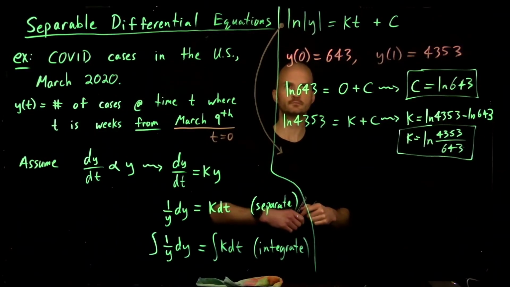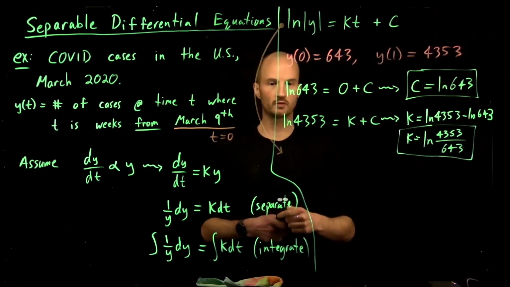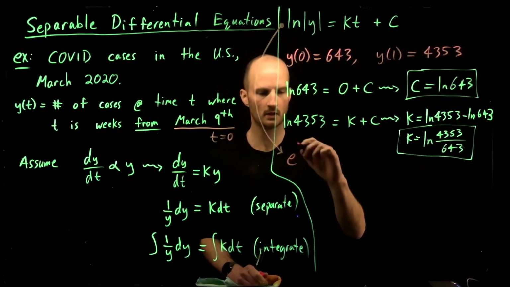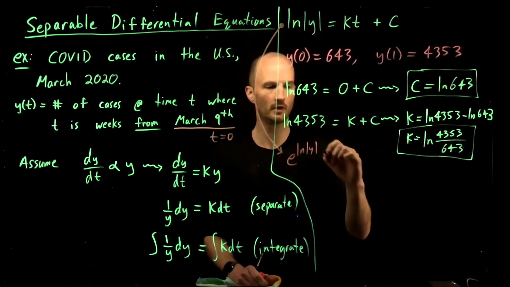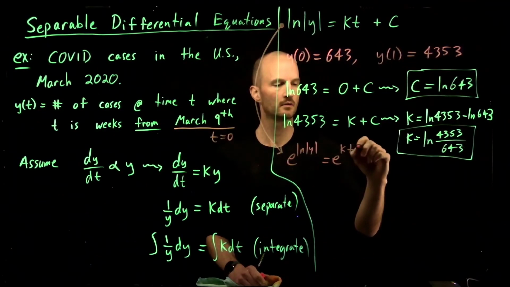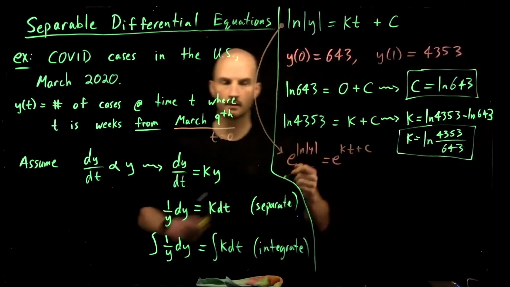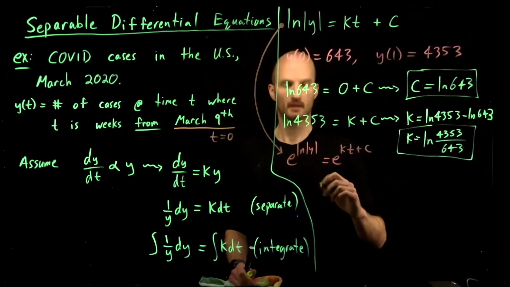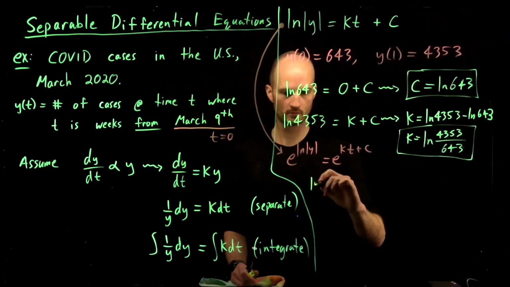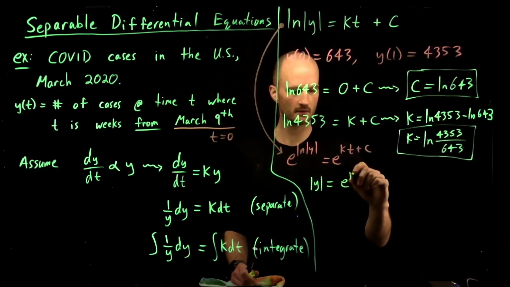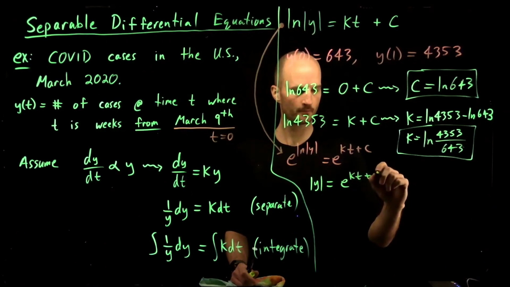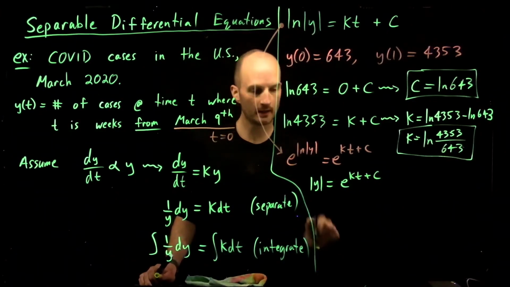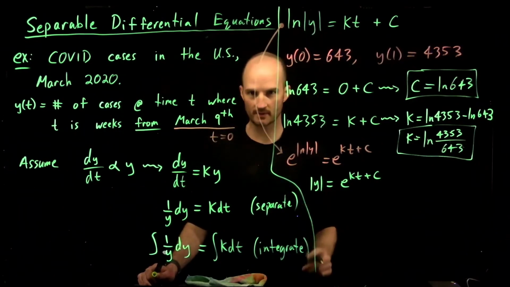So what I'm going to do is go e to the ln y is equal to e to the kt plus C. And then e and ln are inverse functions, so they cancel each other out, giving me just absolute value of y is equal to e to the kt plus C. Now, y is a positive number, right? y is a number of cases, so I can drop the absolute value. Don't need that.